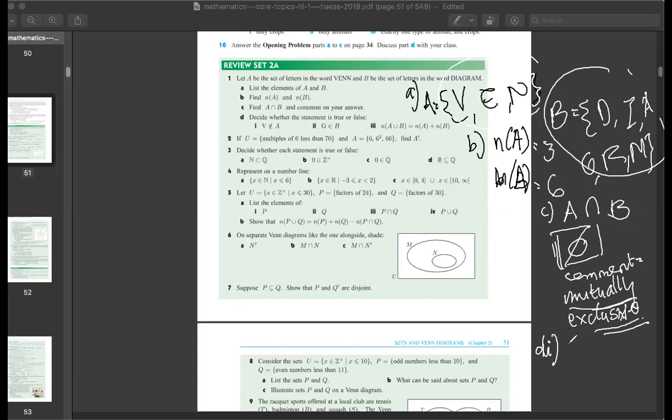They say that phi is not an element of A, and that is wrong because you can see the phi here. So this is false. G is an element of B, which is true.